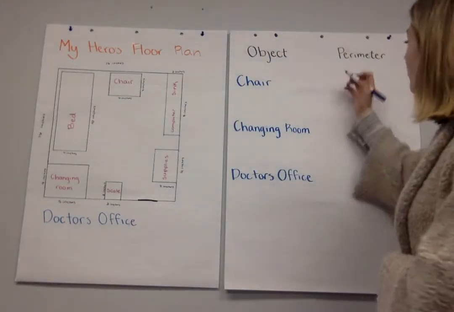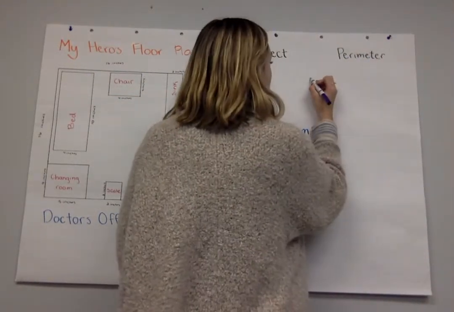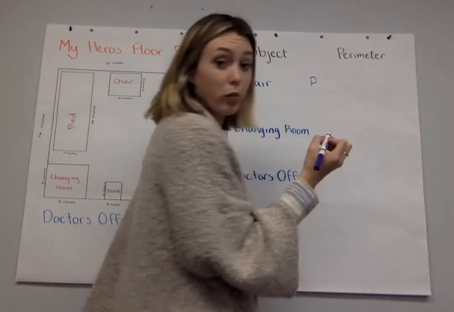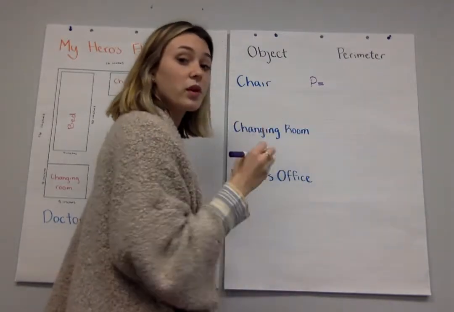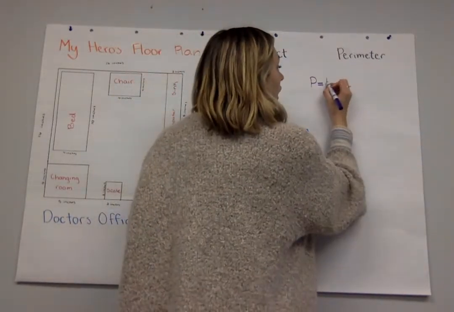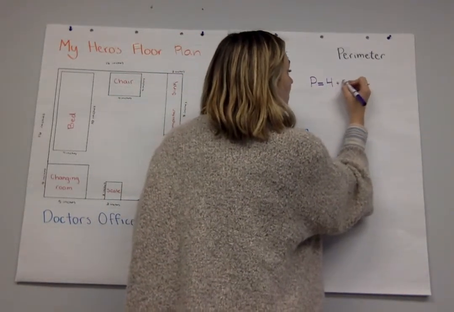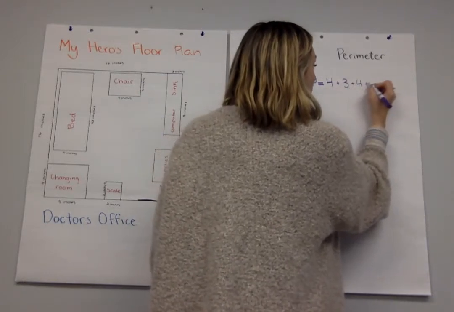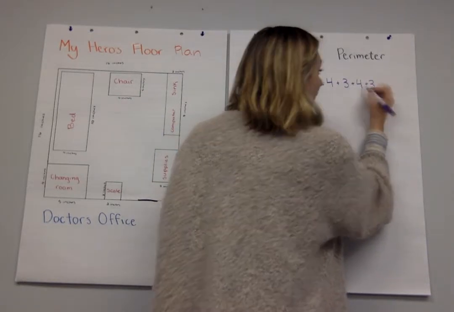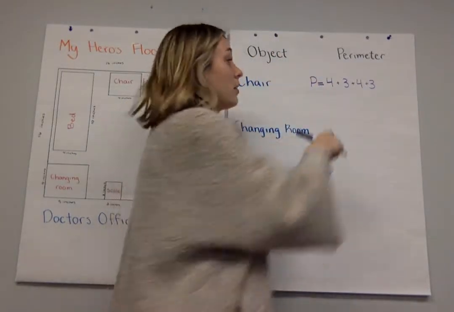So we will use P as our variable for perimeter. P equals, and we're going to add the 4 sides together, which are 4 plus 3 plus 4 plus 3. Again, I know we mentioned this last time, but notice our pattern.